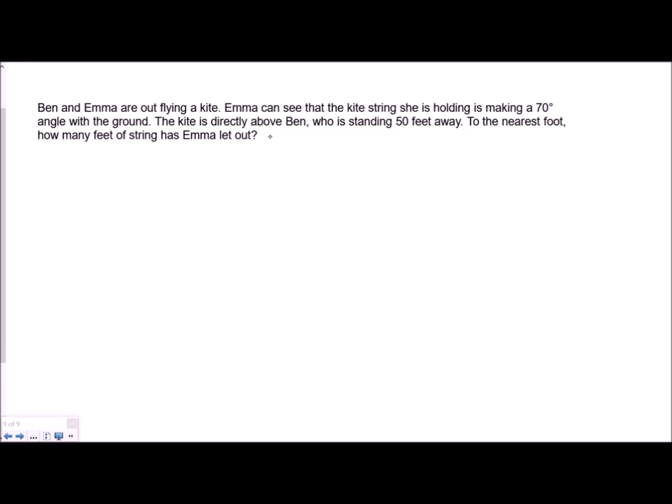Now this is going to require a lot more artistic ability. Let's see, there's Emma, right? She's holding on to this string out here, and there's the kite. Whatever, close enough, right?